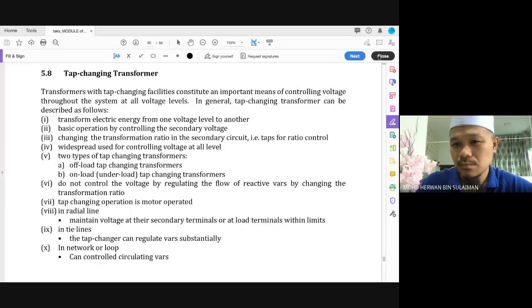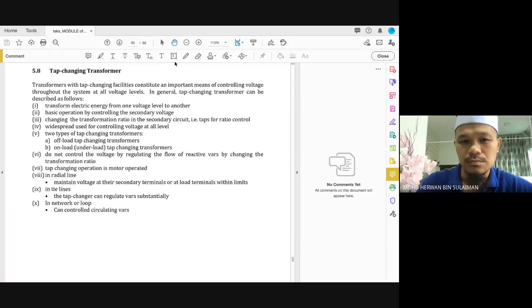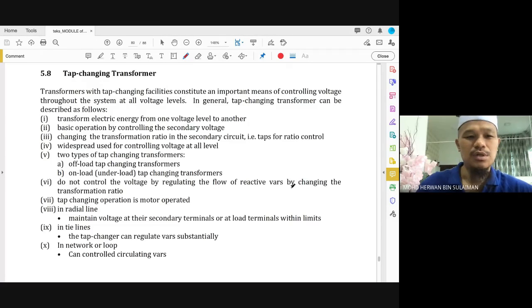The basic operation is controlling the secondary voltage by changing the transformation ratio in the secondary circuit.